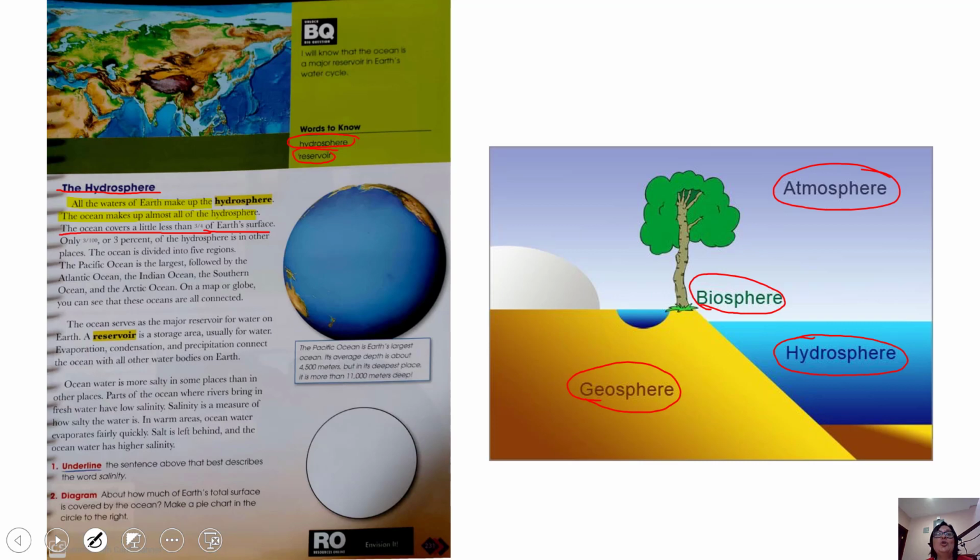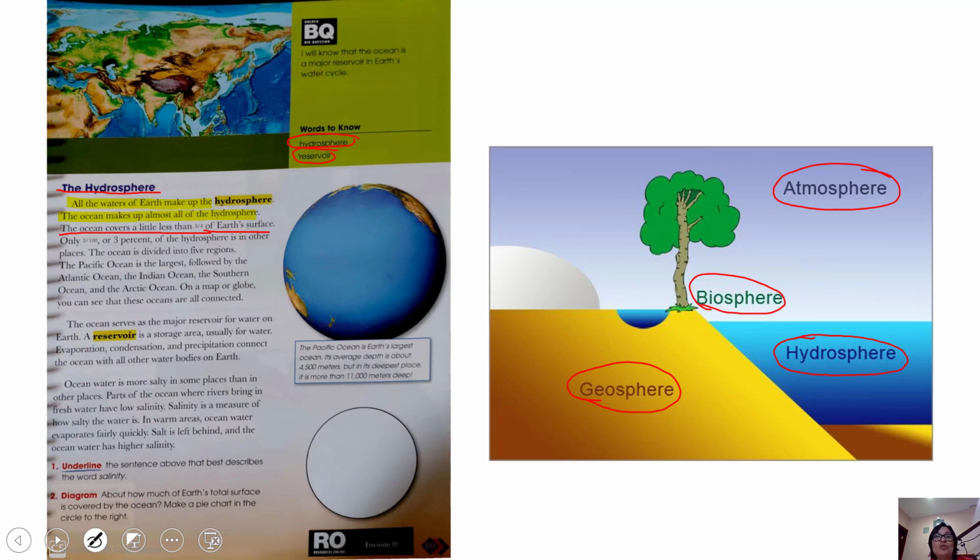Now guys, do you know how many oceans we have in all the earth? What oceans do you know? For example, our country has access to 2 oceans, the Atlantic and the Pacific Ocean.